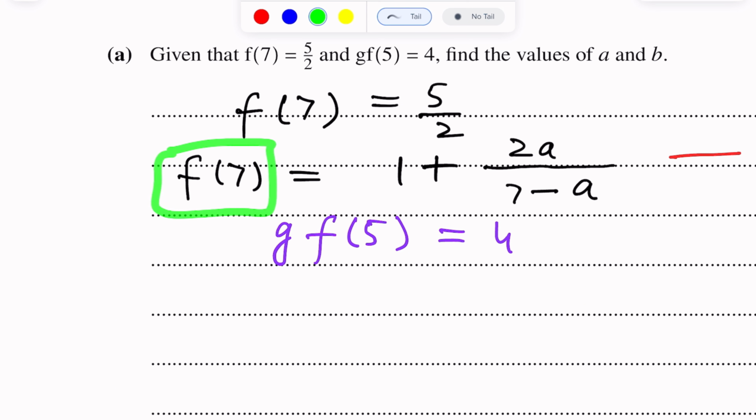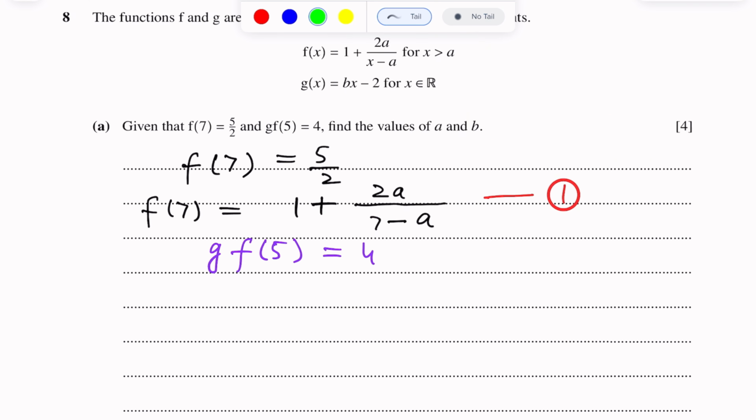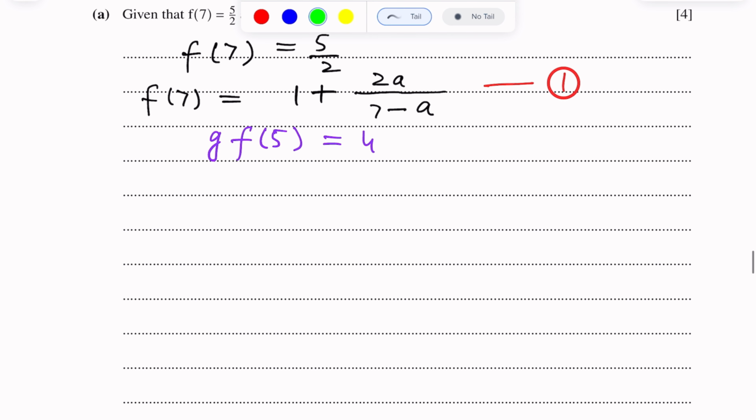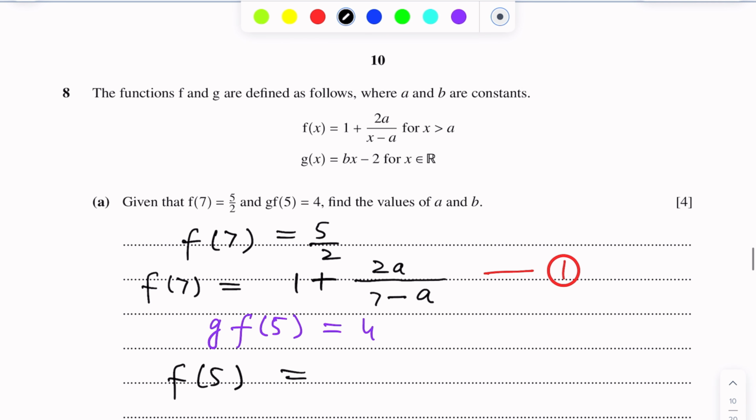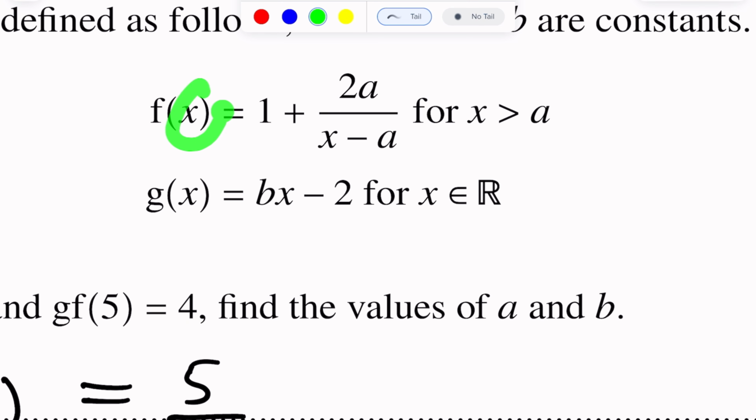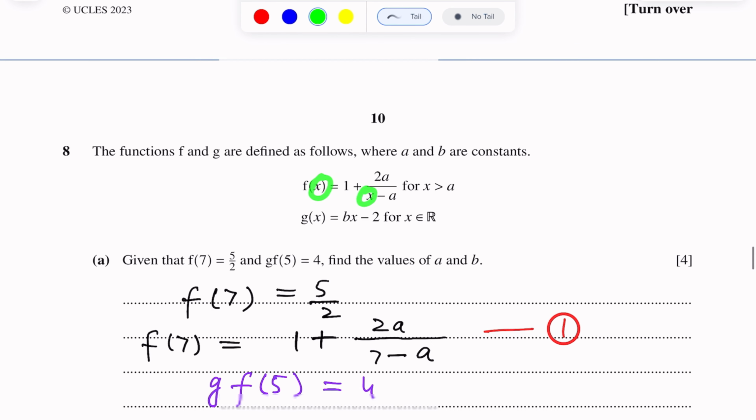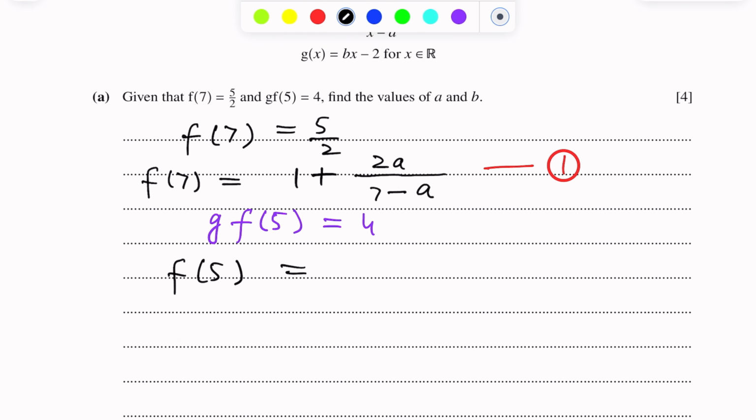Similarly we will first find f(5) to find g of f(5). f(5) will be found by putting 5 in place of x here. So we get f(5) equal to 1 plus 2a over 5 minus a.